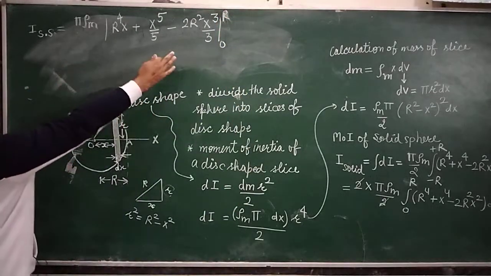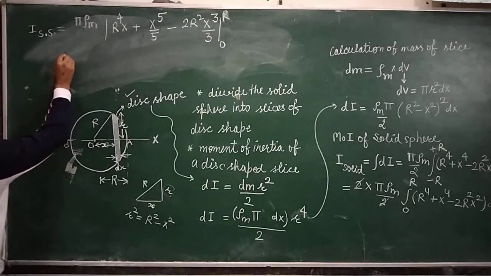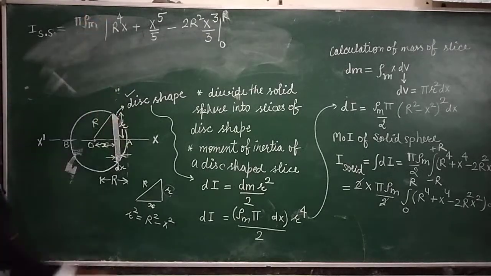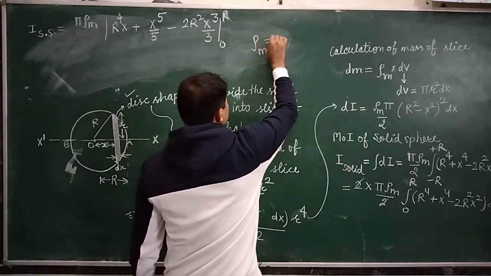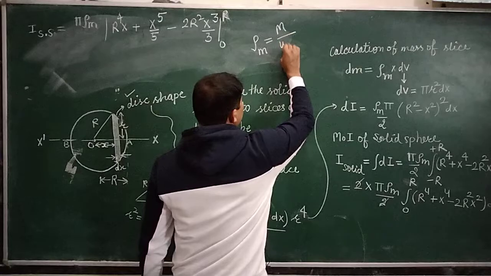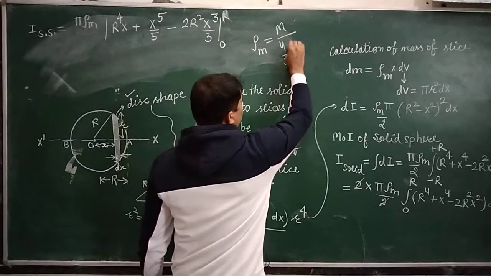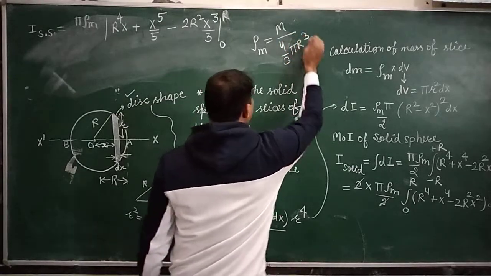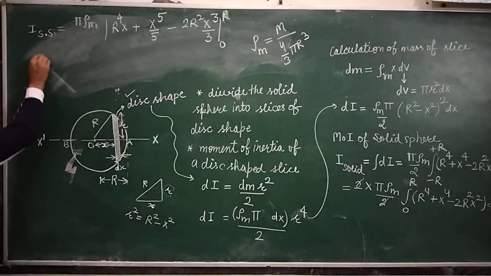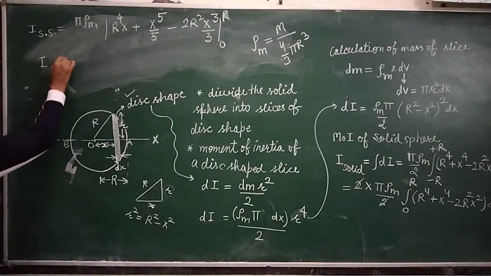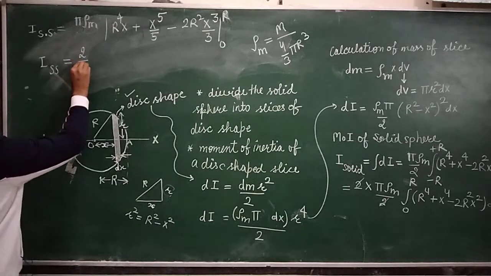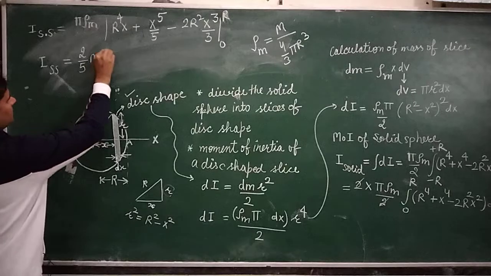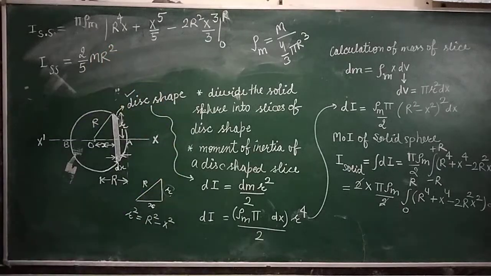If you put the value of x equal to r, and after substituting the value of mass density, and the mass density I have told you, this is mass divided by 4 by 3 pi r cube, after substituting these values, you will get the moment of inertia of the solid sphere. This will be equal to 2 by 5 mr square. So this is the moment of inertia of the solid sphere.